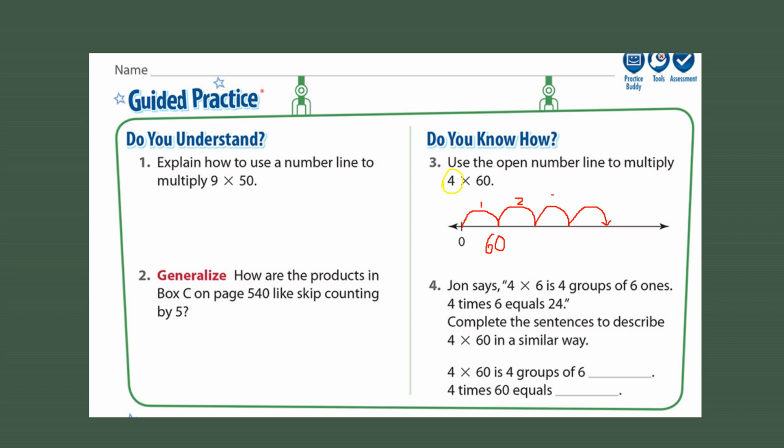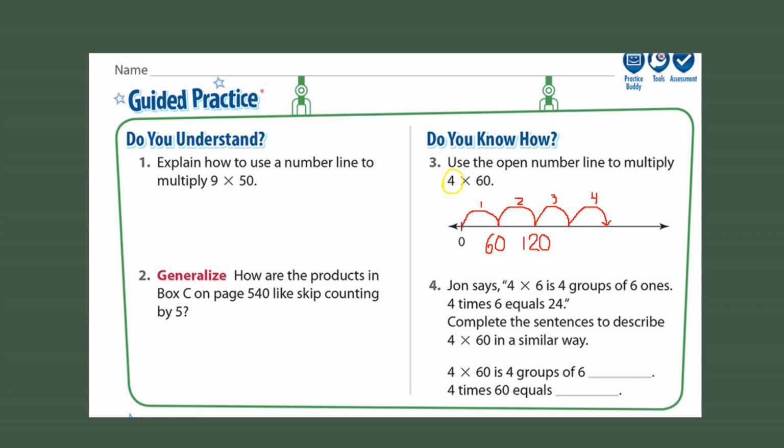Sometimes writing the jump numbers helps me keep track. So for skip counting by 60, it's kind of like skip counting by 6, but we add a 0 in the ones place. So 6, 12, but it's 12 tens, so 120.